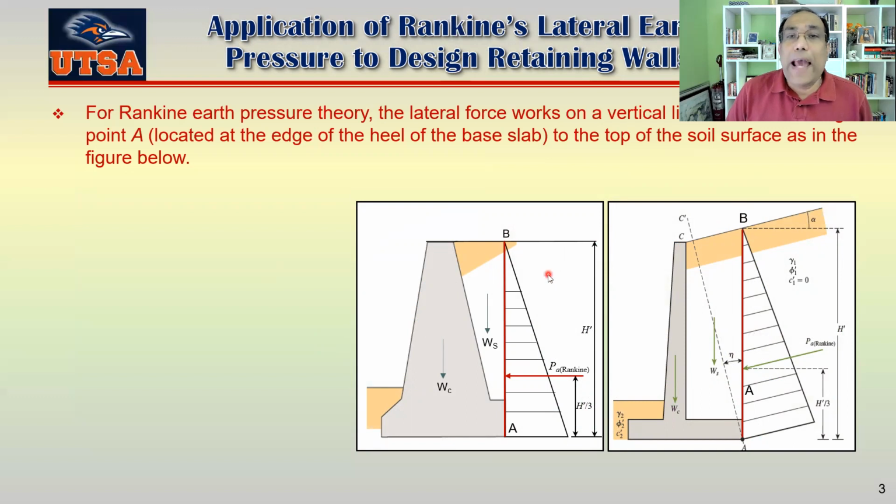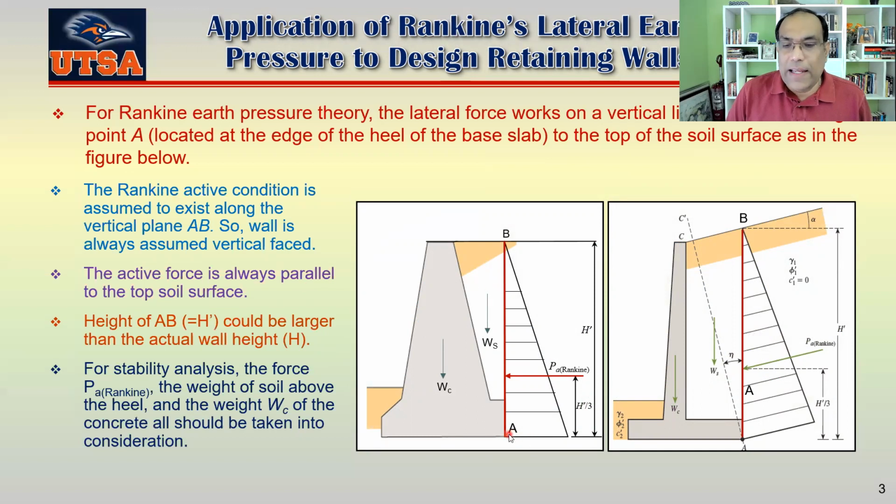So we assume that the active force will always work on that line AB here. Okay, line AB here, the line AB here. And AB is the height of the wall. Okay, the AB is the height of the wall. And the active force is always assumed to act on a vertical line here.